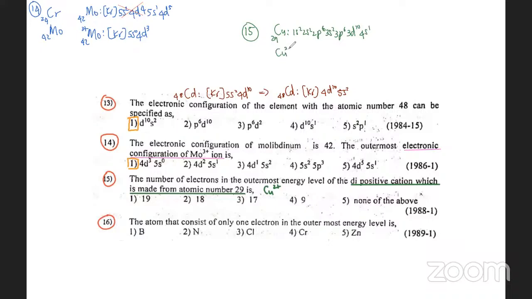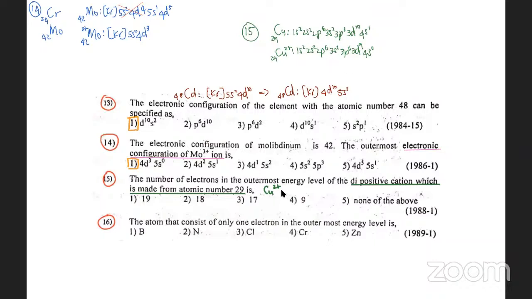But when you take copper 2+, it is going to be 1s2, 2s2, 2p6, 3s2, 3p6, 3d9, 4s0, because we have to remove the electrons from 4s first, the outermost main energy level, and only then from 3d. Now this has become the outermost energy level.